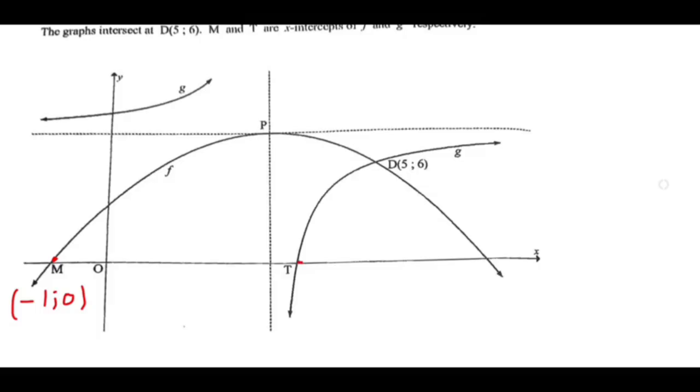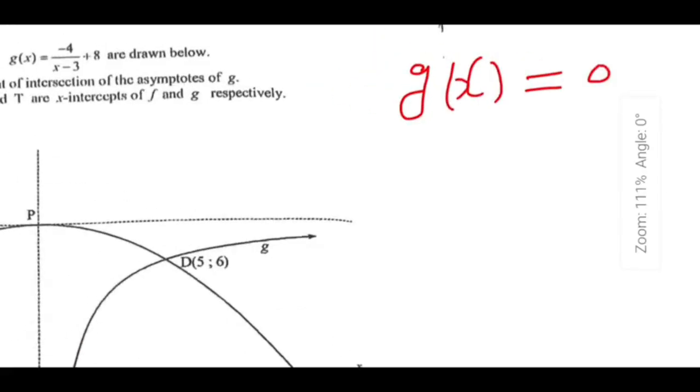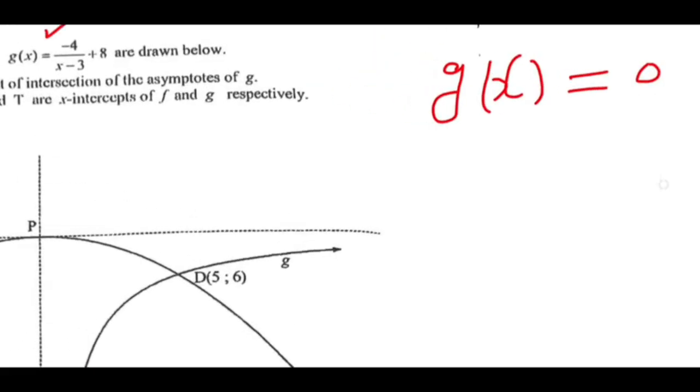Now we need to find the T. T is the x-intercept of g, so we set g of x equal to 0. G of x is given already: negative 4 over (x minus 3) plus 8.